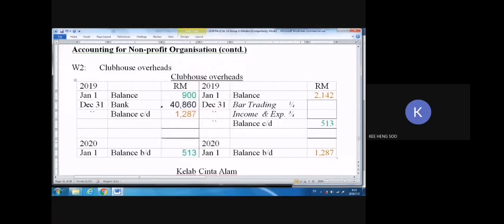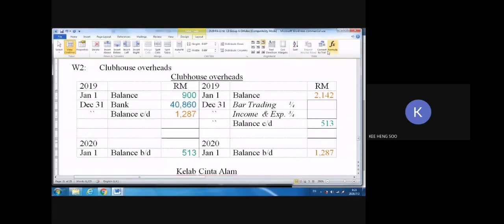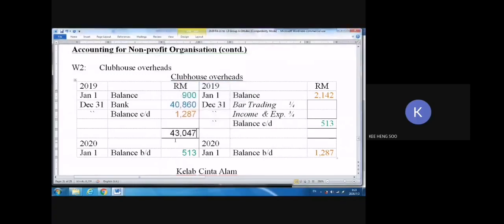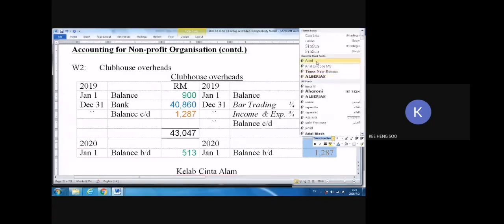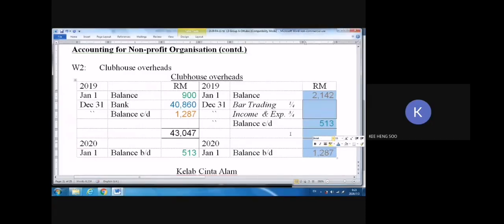So this money pay already. So what I need to do is I total up. So I can get 43,047. Now, with these figures, I minus 43,047.